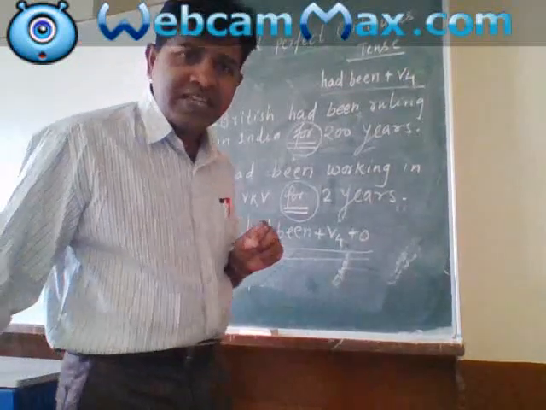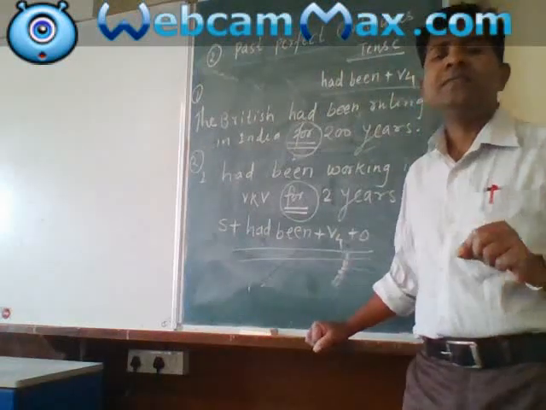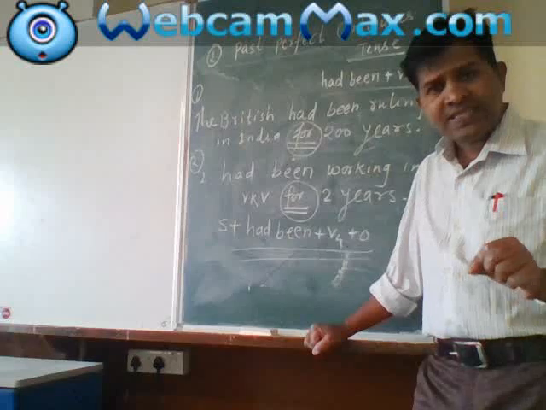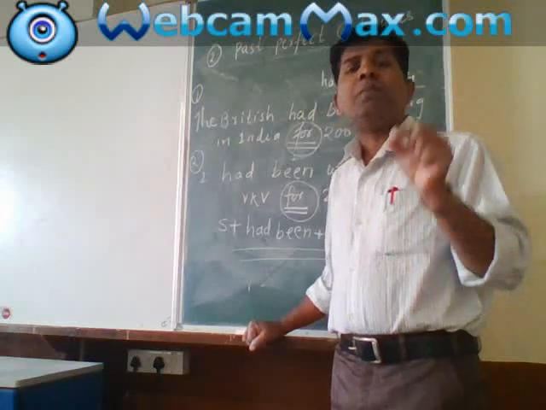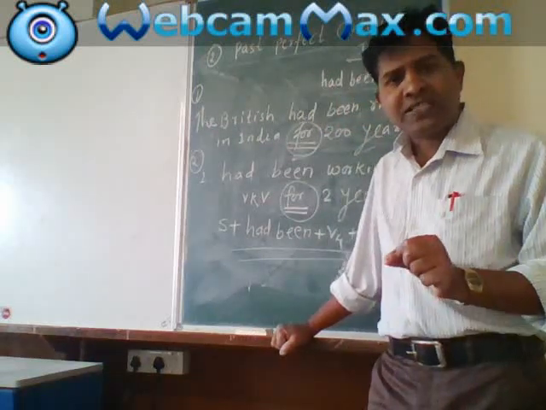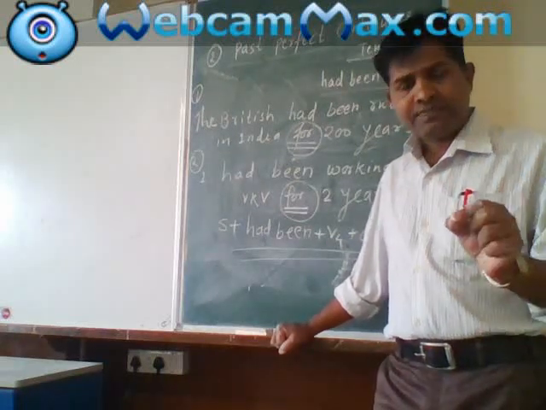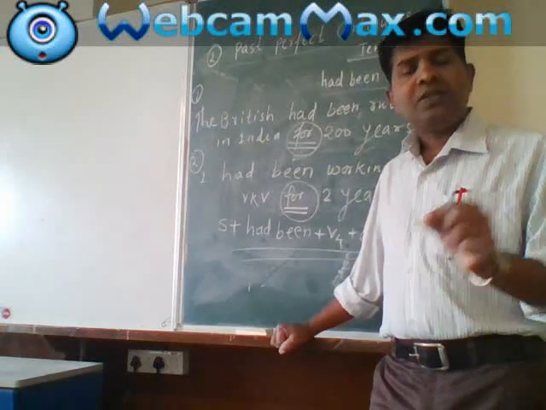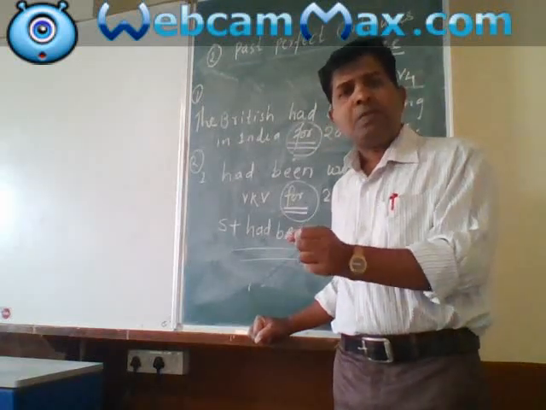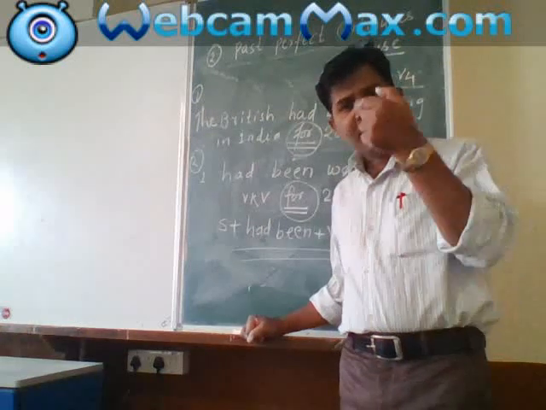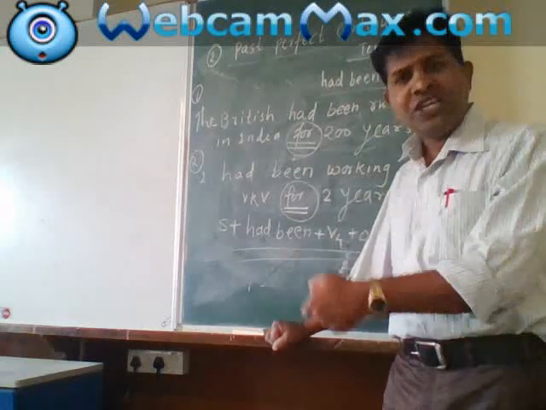So here we studied 4 types of past tenses. That is simple past tense, past continuous tense, past perfect tense, past perfect continuous tense. In the simple past tense, the indicative mood is did. Then in the past continuous tense, the indicative moods are was and were plus V4. Then third, in the past perfect tense, the indicative mood is had plus V3.